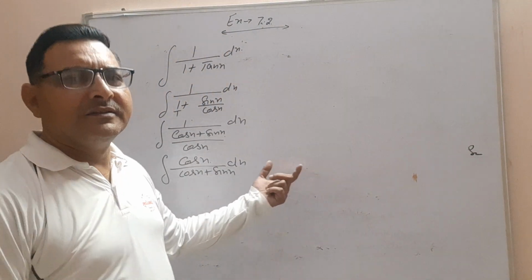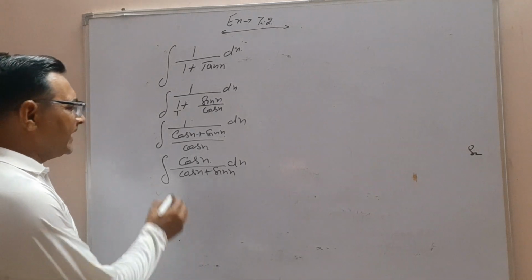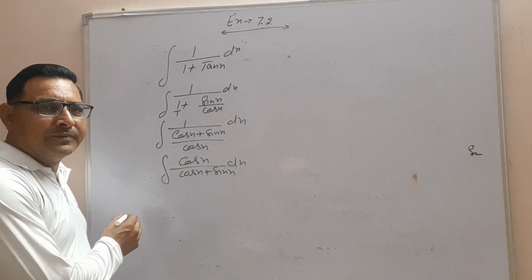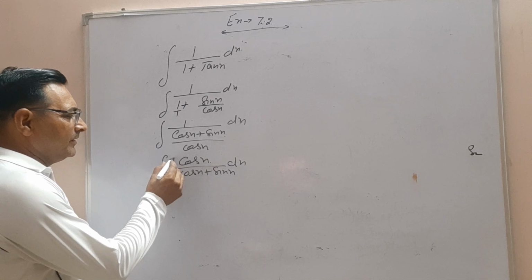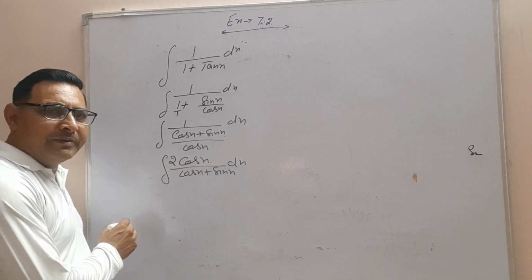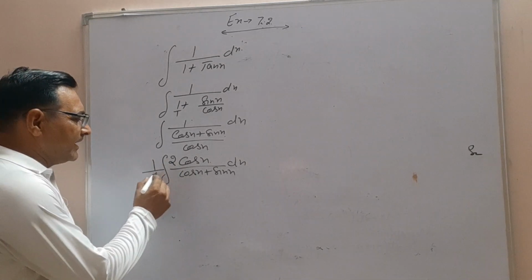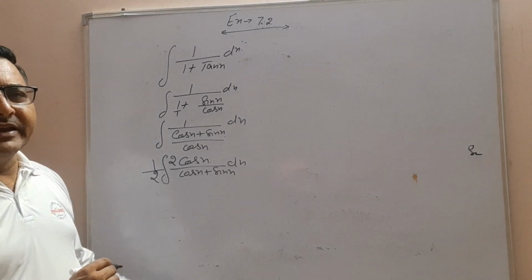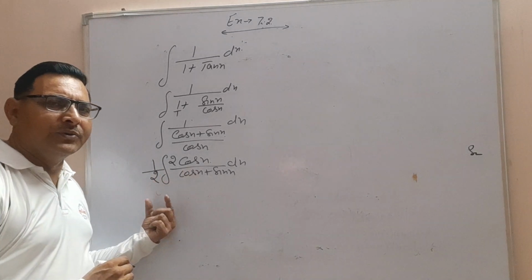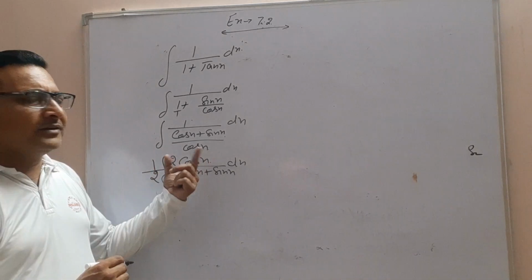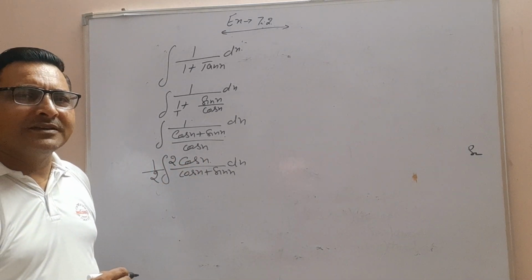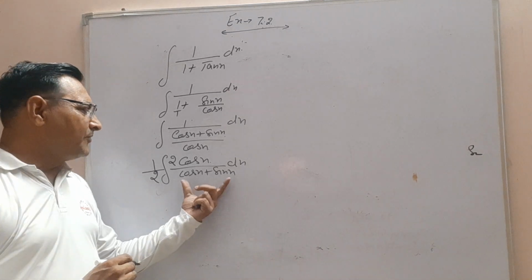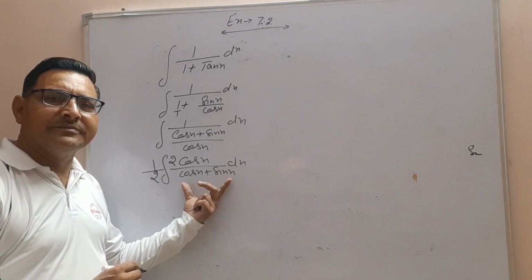First of all, you have to multiply and divide by 2. So what will you get? Twice of cos x. Now you have to write this term in the form of the denominator.